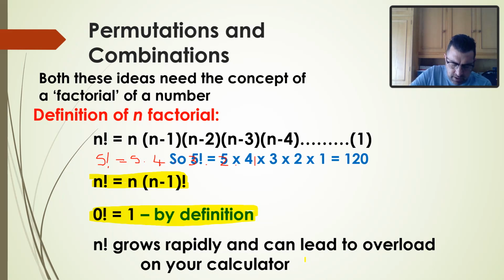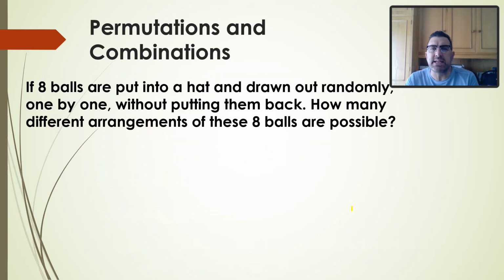Let me check on my calculator here. If I put in 100 factorial, it will give me the answer. No, already there it says there's a problem. Okay, so remember, it grows rapidly. So you might just be able to calculate on your calculator up to a specific point.